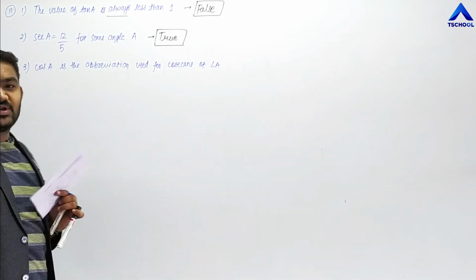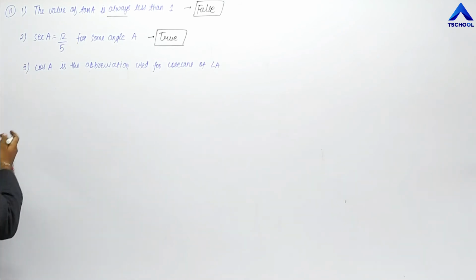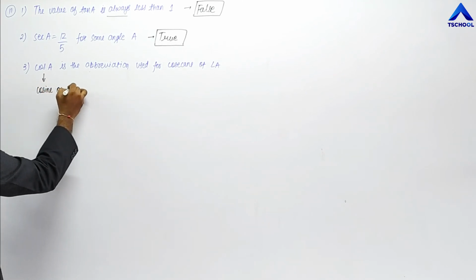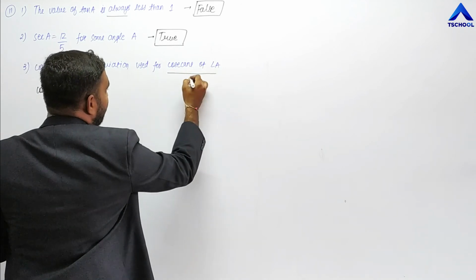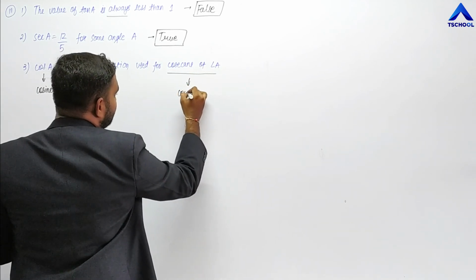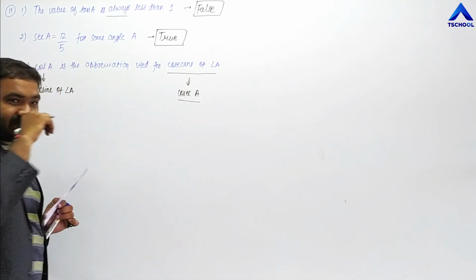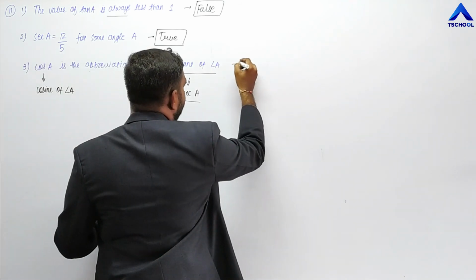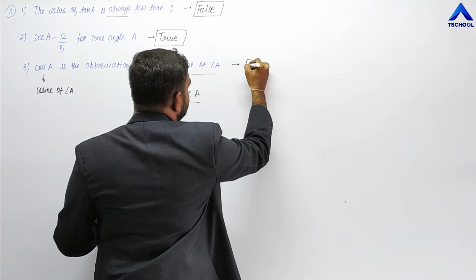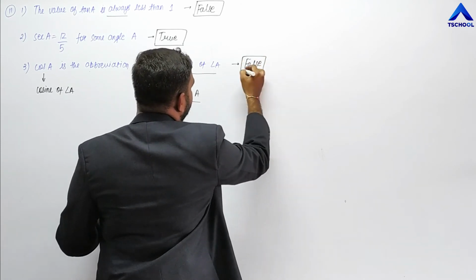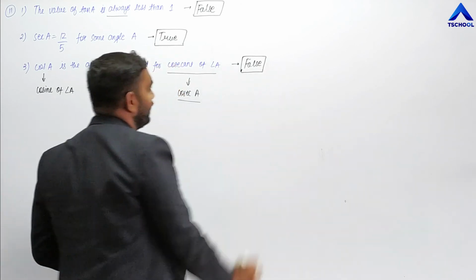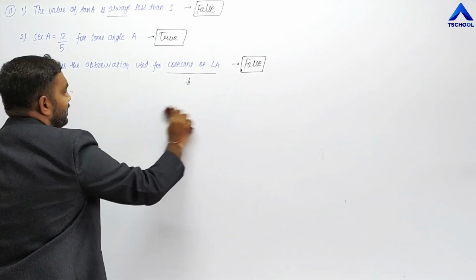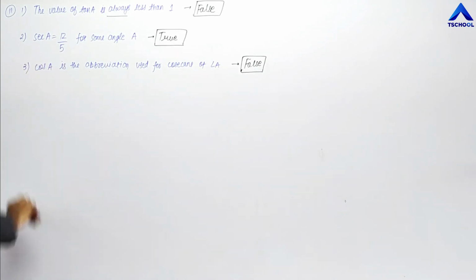Cos A is the abbreviation used, friends, for cosine of A, and the cosecant of angle A has the abbreviation cosec A. Is it clear? So cos A is not the abbreviation of cosecant of angle A, that is the abbreviation of cosine of angle A, and hence the statement is false.